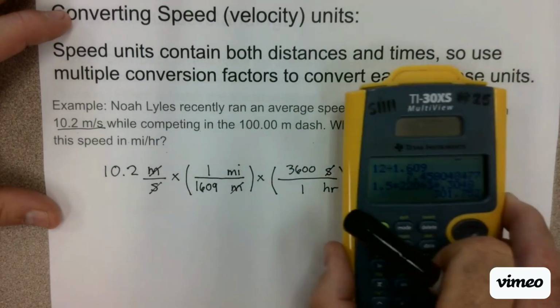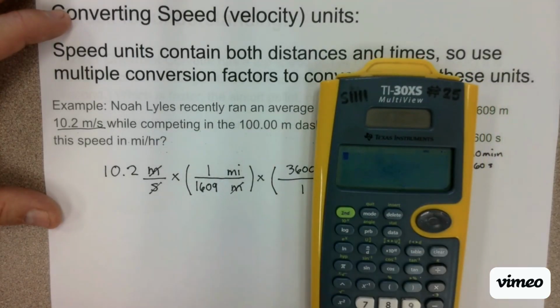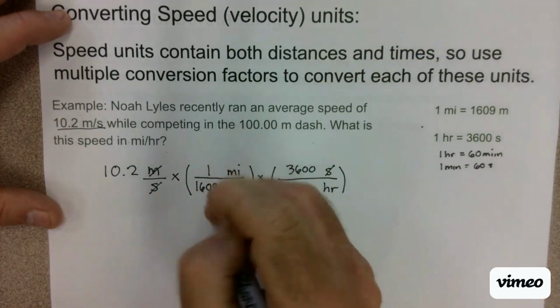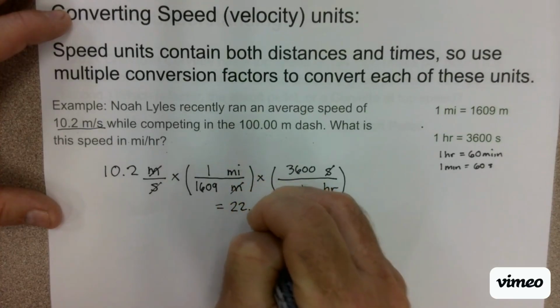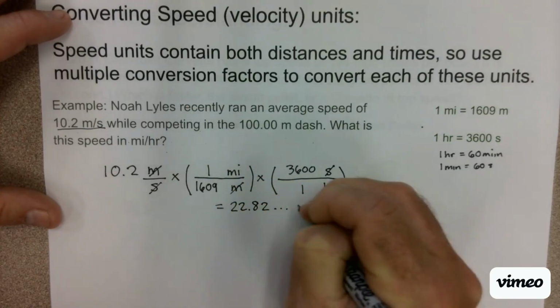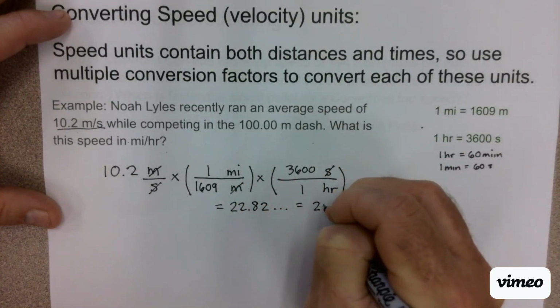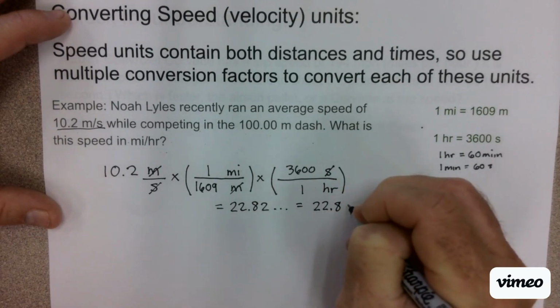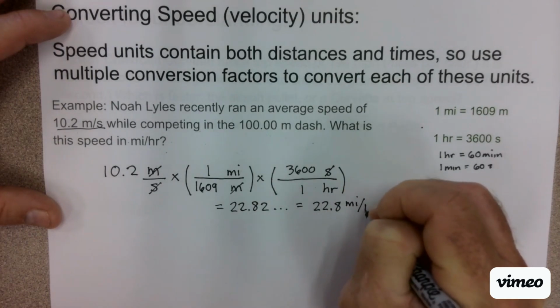So I'm going to go 10.2 divided by 1609 multiplied by 3600, and I get 22.82. That's going to round appropriately to 22.8 miles per hour.